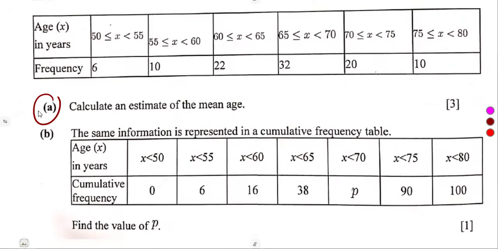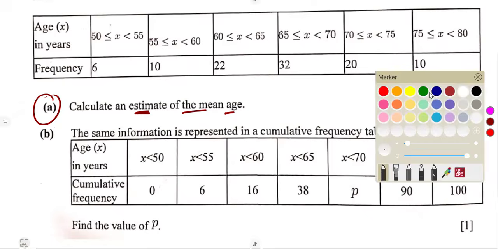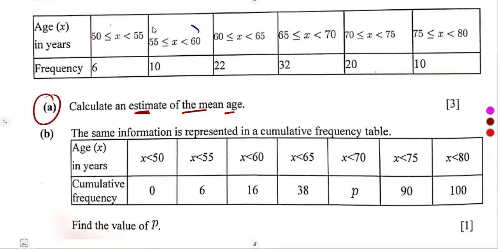So the question in A was to calculate an estimate of the mean age, all right? An estimate of the mean age. So the first thing is the information that we are given here. How do we classify this information?